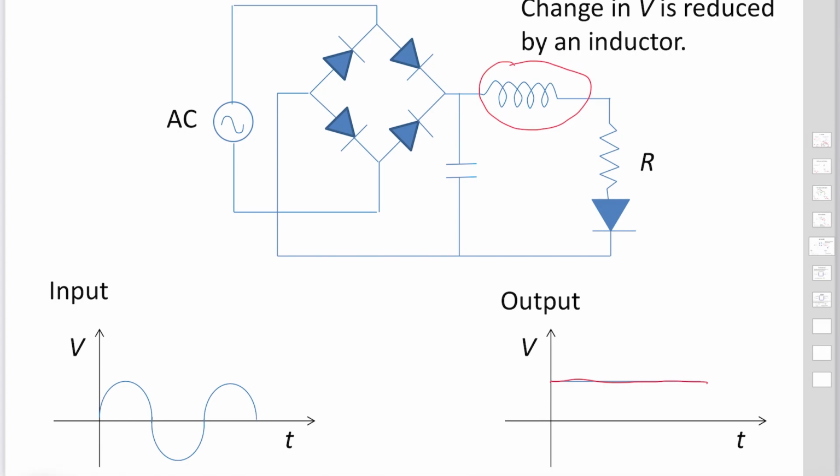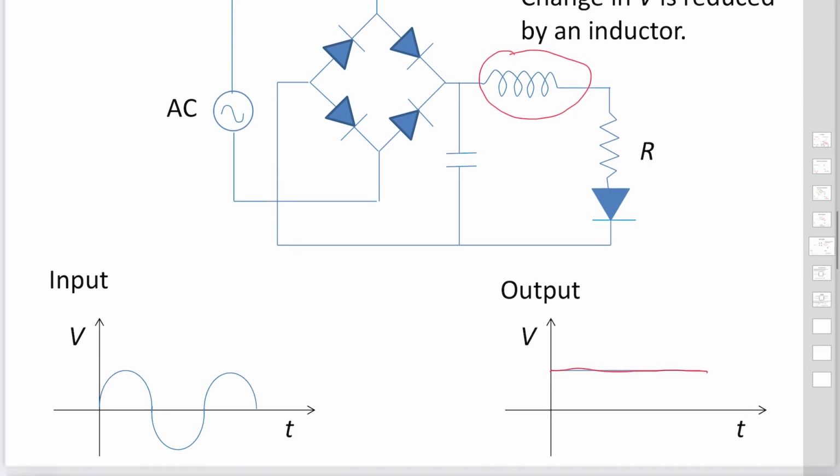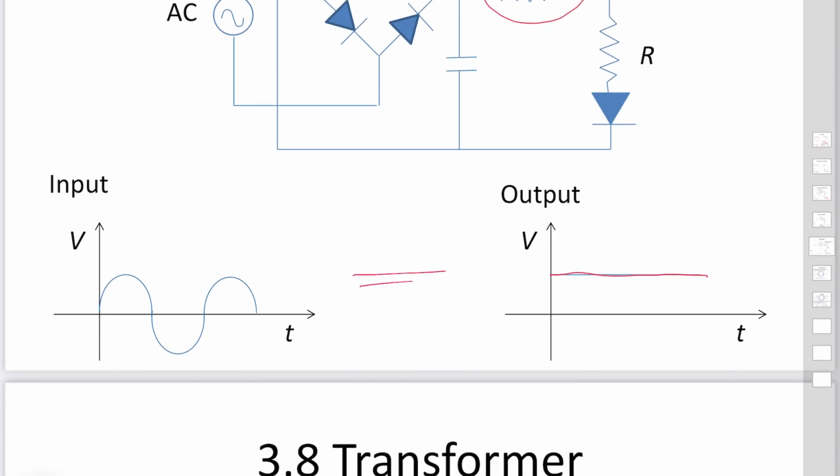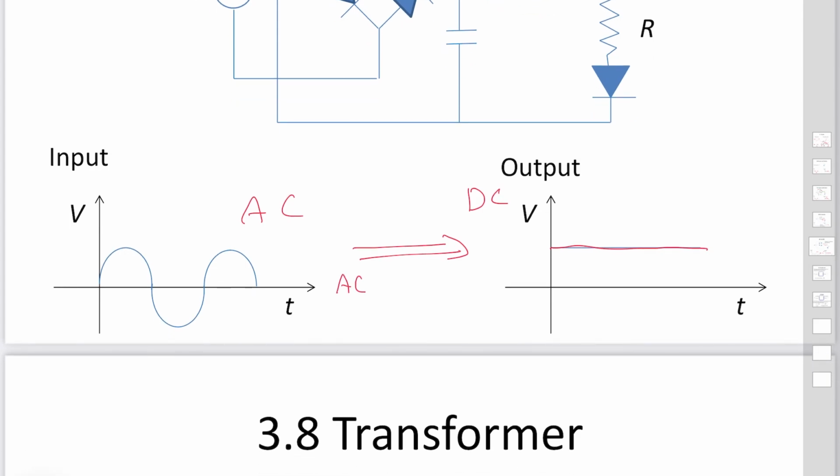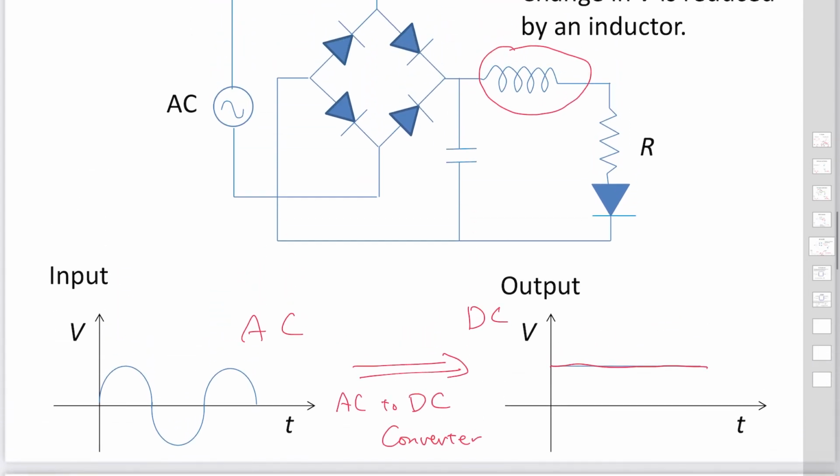So in laptop computers, we use AC to DC converters. So from this to here is AC to DC. The AC to DC converter is this circuit inside. Okay, I explained how an AC to DC converter works.